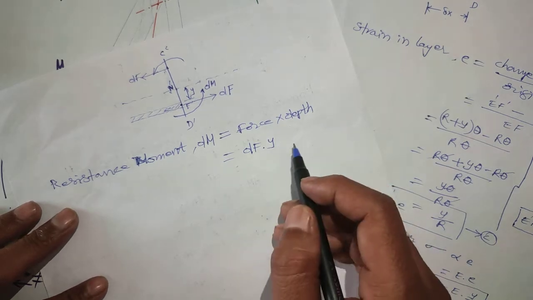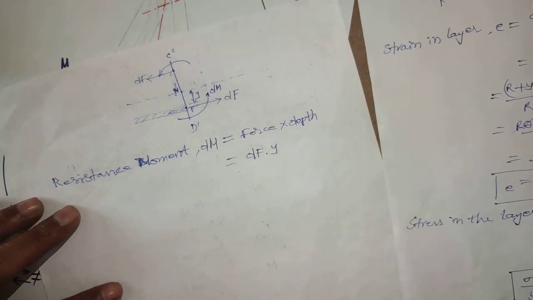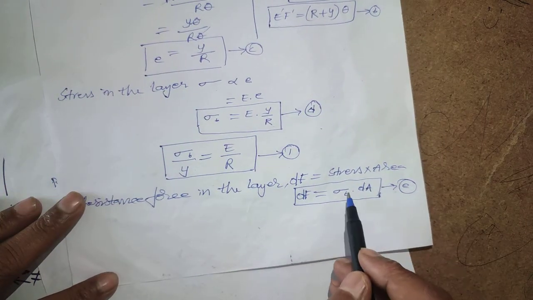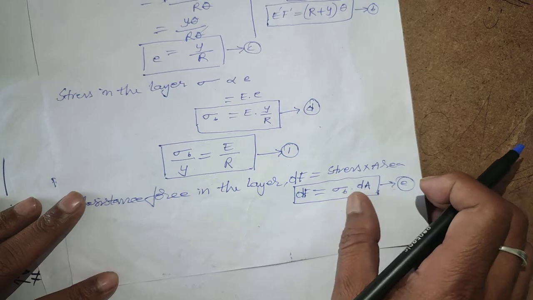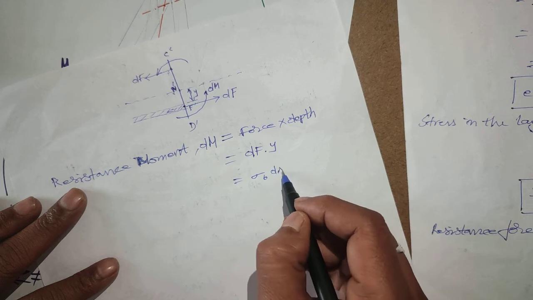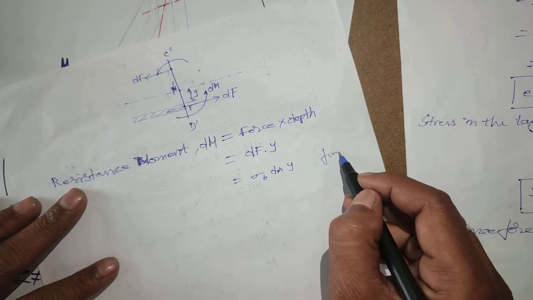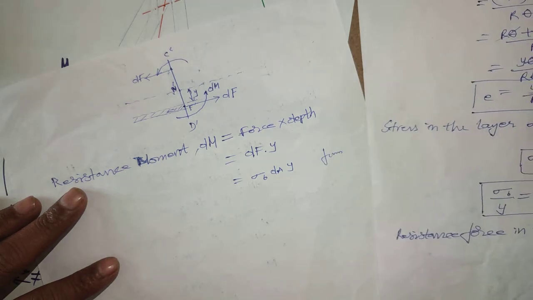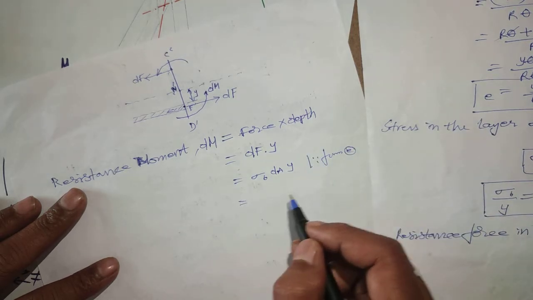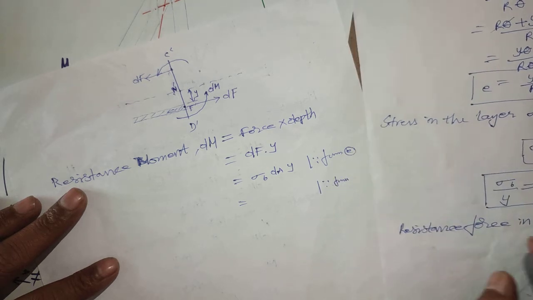Substitute dF. What is dF? Already told, resistance force. dF from equation E is sigma b dA, sigma b dA into y. Then what is sigma b from equation D?